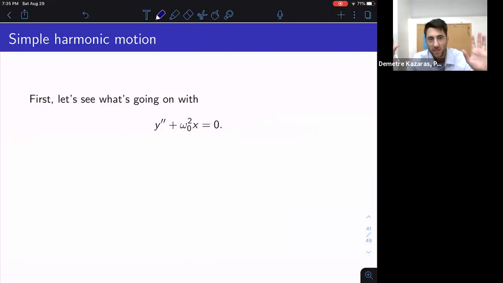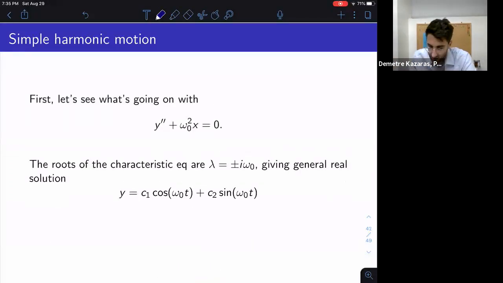Okay, so first let's consider the undamped situation where there's no dashpot, so you just have that harmonic motion. In this case, if you look at the equation for this motion, just the spring and the mass, you'll get a characteristic equation with two complex roots.